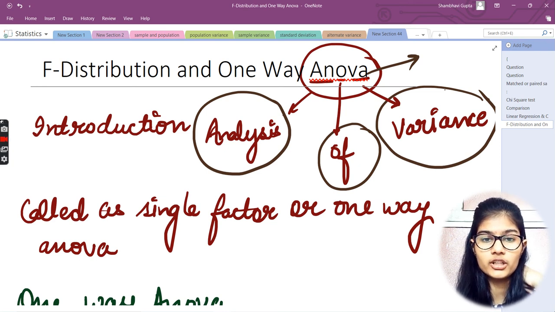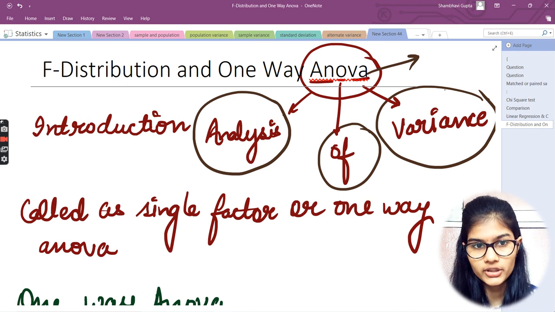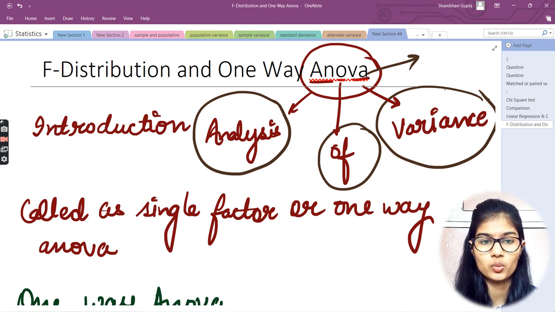Whenever we want to determine whether the means are equal or not, we use this ANOVA test. Even from the name, it suggests the variance, right? It is also known as a single factor, or you could call it a one-way ANOVA. Anything works here. Single factor or one-way ANOVA.